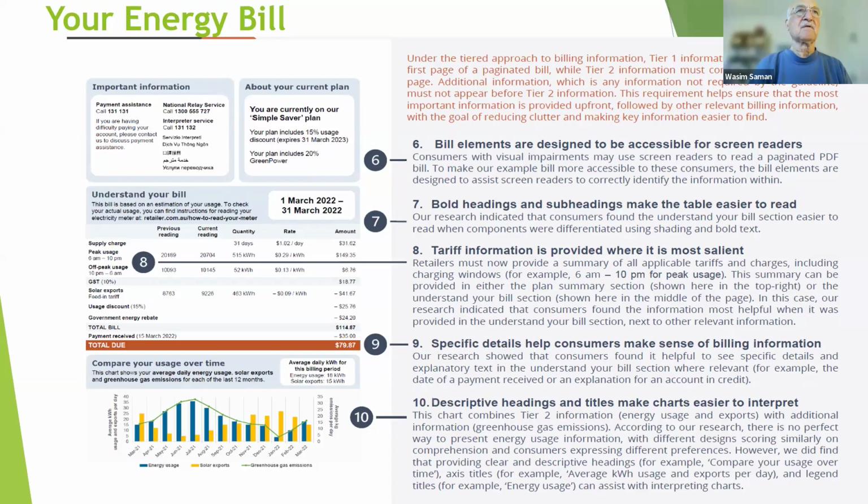The next important line is the solar exports, which is if we have solar, the feed-in of our solar to the grid. Again, it gives you the readings and the number of units you've exported to the grid and how much you are being given per unit, and then the rest of the details.